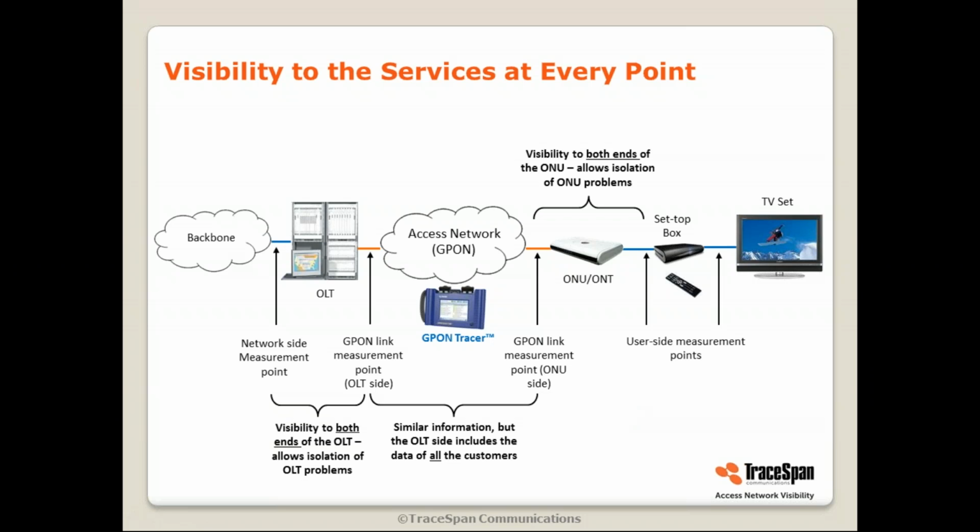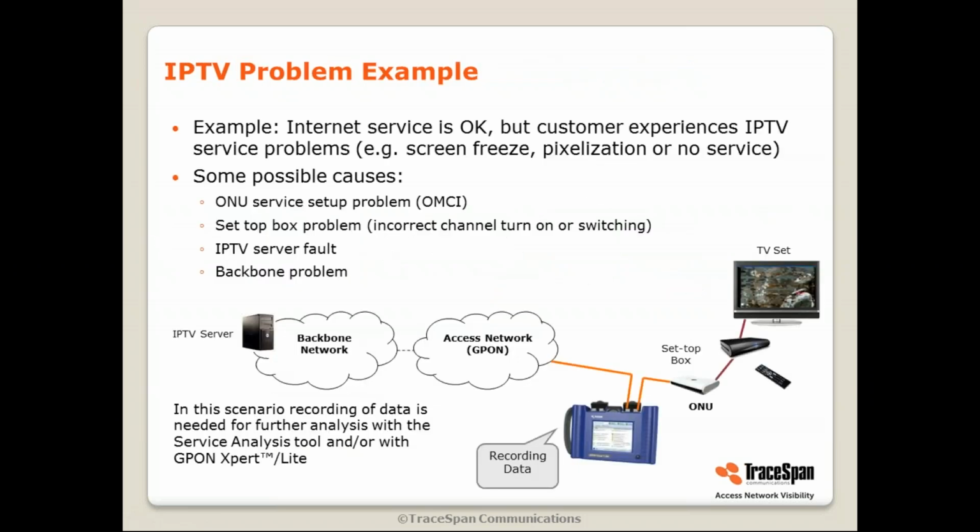And now let's continue. The example we're talking about today is an IPTV problem. As an example, internet service is okay, but the customer experiences IPTV service problems. These may be screen freeze, pixelization, or maybe no service at all. The causes for this may be various.